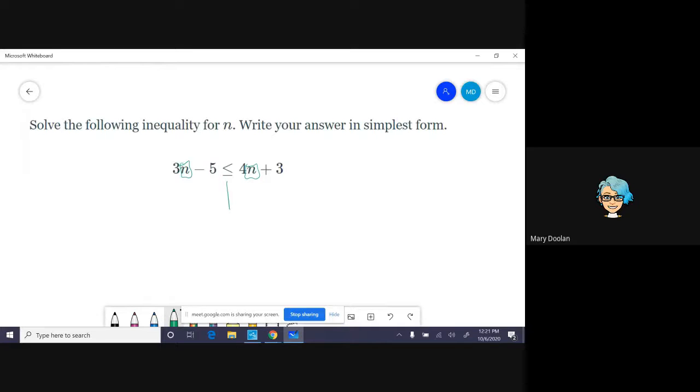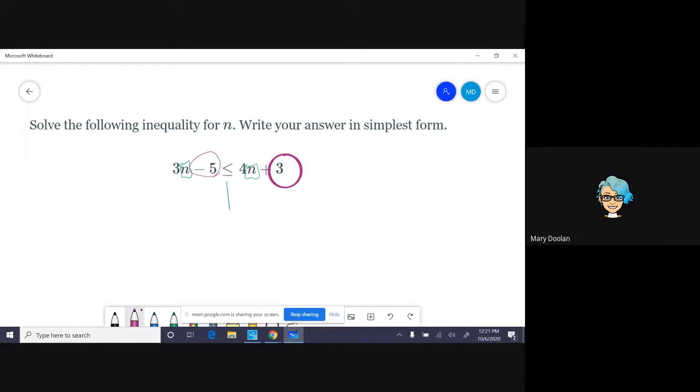Okay, and so I do have two terms that have variables. I also have two terms that are constants. And I got to get the constants together, I got to get the variables together, and I need to put them each on one side of the inequality. And it doesn't really matter which way I move them. Sometimes it's easier to avoid having to work with negatives.